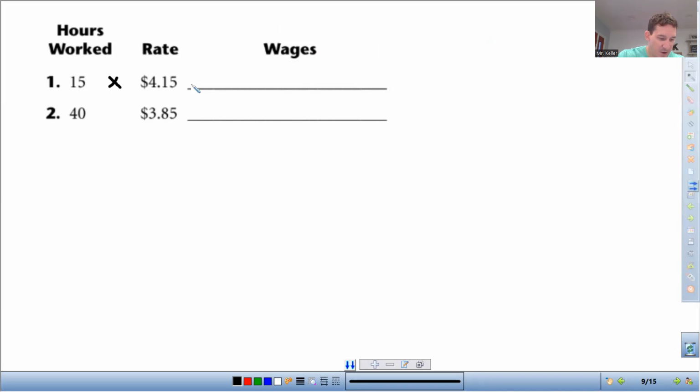Hopefully you're not getting paid $4.15 per hour anywhere, but 15 times 4.15, you just multiply those and you get total wages, 62.25, right? And then 40 times 3.85 comes out to $154. Real simple.